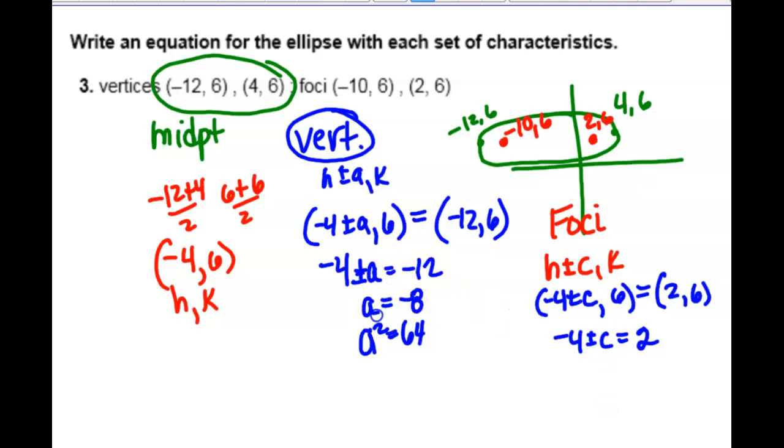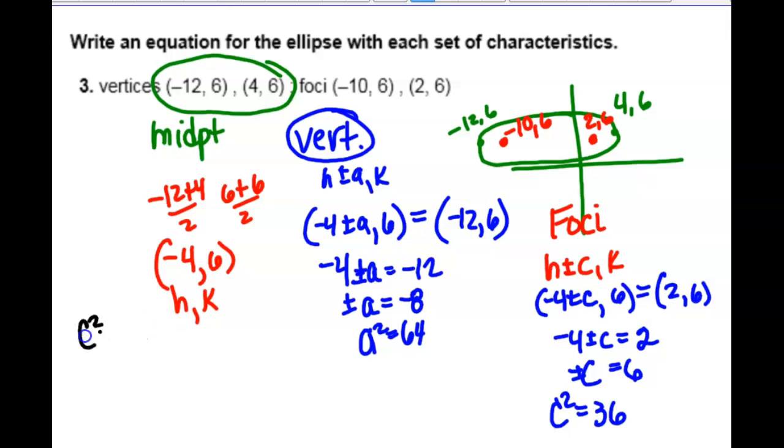I should have just left this one plus or minus. All right, so if we add 4 over here, we get plus or minus c equals 6, which makes c squared 36. Do I need a c squared in my equation anywhere? But what will it help me find? It's going to find b squared.